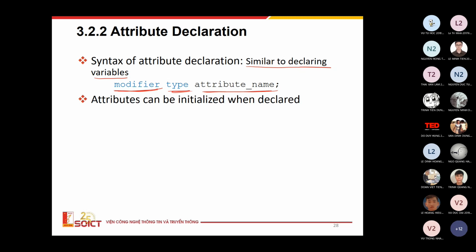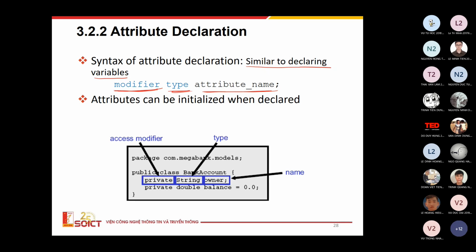And you can initialize it also when you declare it, the same as with a variable. Here, for example, you have this code. Firstly, package, and then the package name.